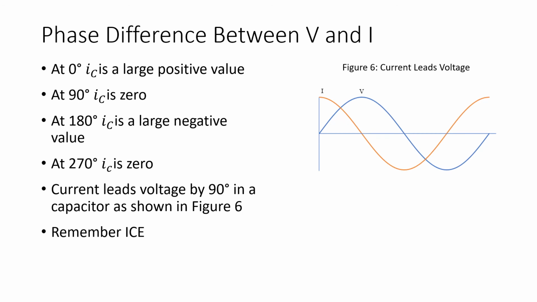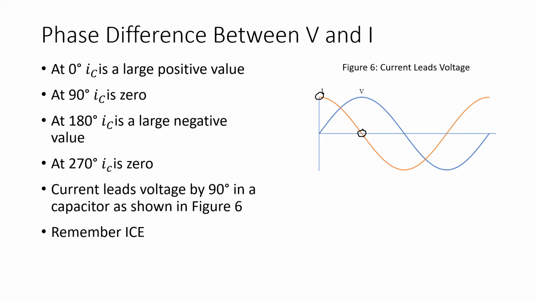So if at 0 degrees dV/dt is a large positive value, then IC will be a large positive value as shown on the graph of Figure 6. At 90 degrees, since dV/dt is 0, IC will be 0 as shown in Figure 6.